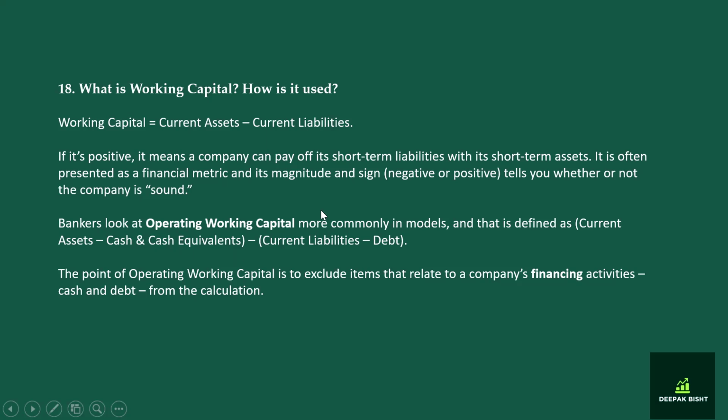Then we look at the operating working capital. The point of operating working capital is to exclude items related to the company's financing activities: cash and debt. Financing activities can impact cash and cash equivalents and debt, which is why we remove those. Then we look at whether or not we will be able to support our working capital requirements.